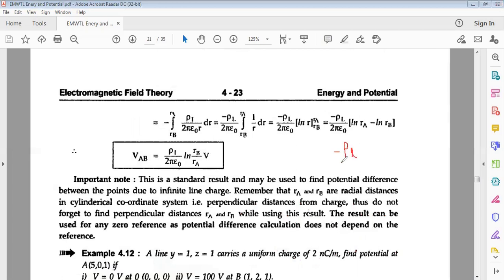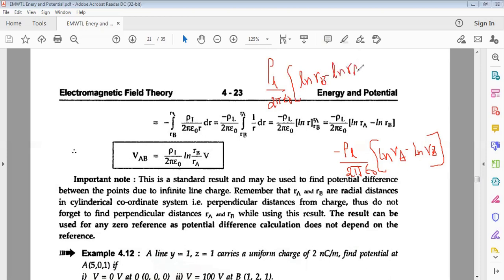So minus rho L by 2 pi epsilon naught times ln of the upper limit RA minus ln of the lower limit RB. Otherwise, since the minus is there, you can write it as rho L by 2 pi epsilon naught times ln of RB minus ln of RA.